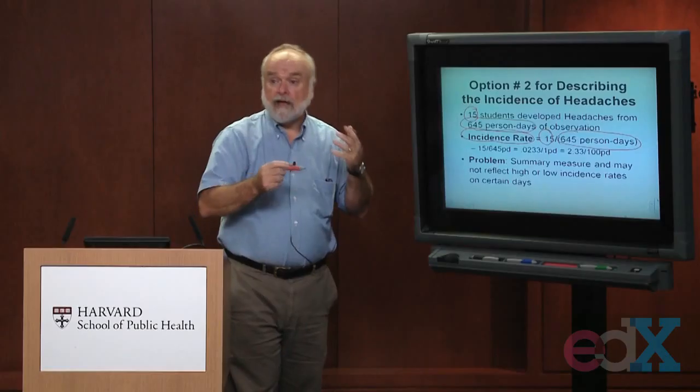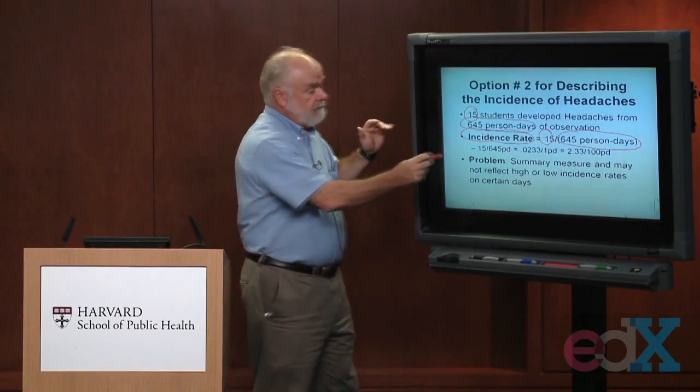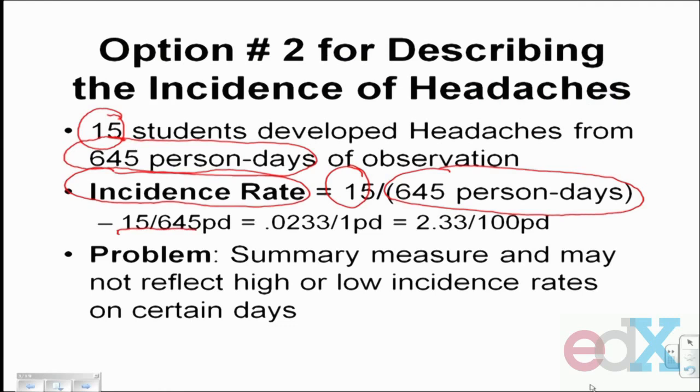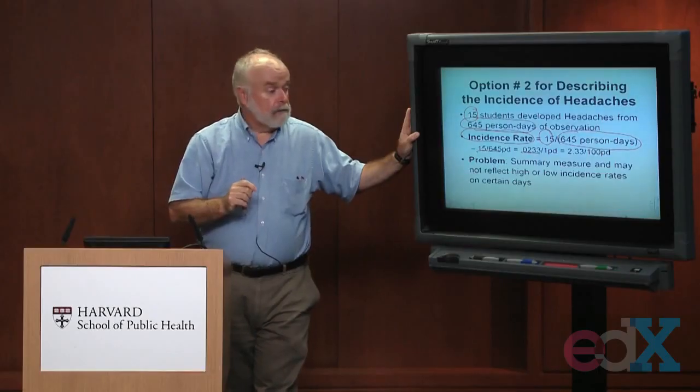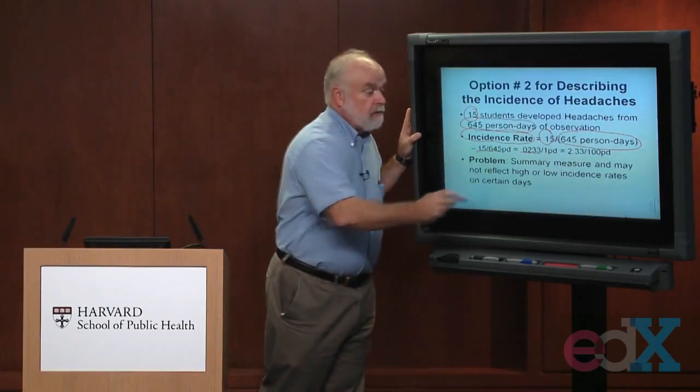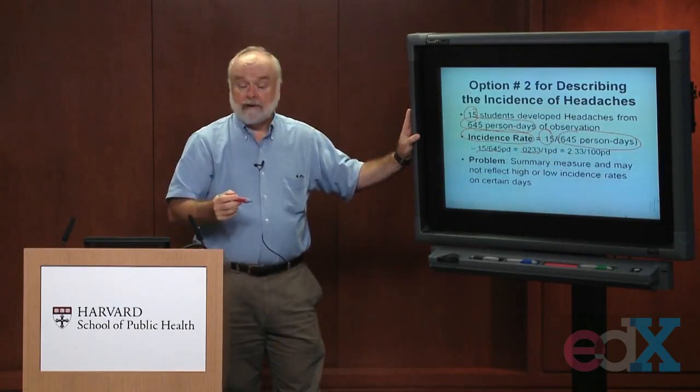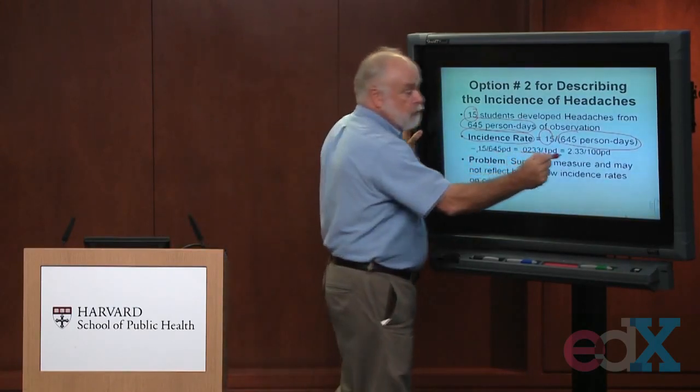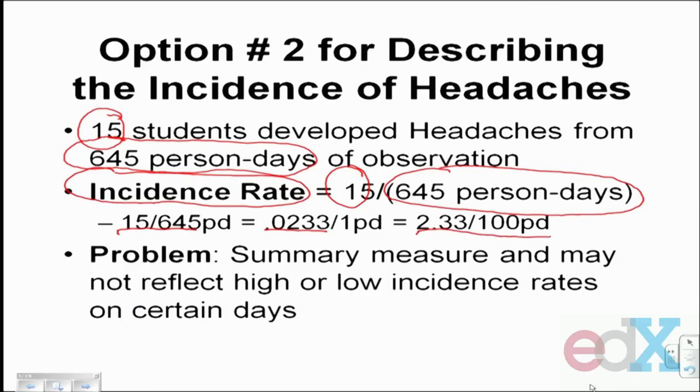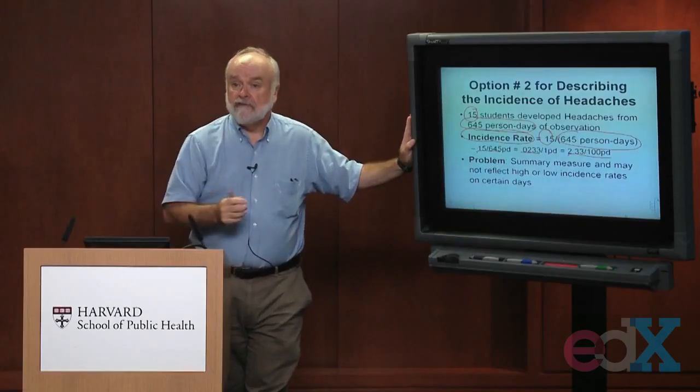Well, if you go through the calculation and divide 15 by 645 person days, that would give you the value of 0.0233 for every 1 person day of follow-up. Well, I could multiply 0.0233 by 100 and say I observed 2.33 cases of headaches occurring for every 100 person days of observation.